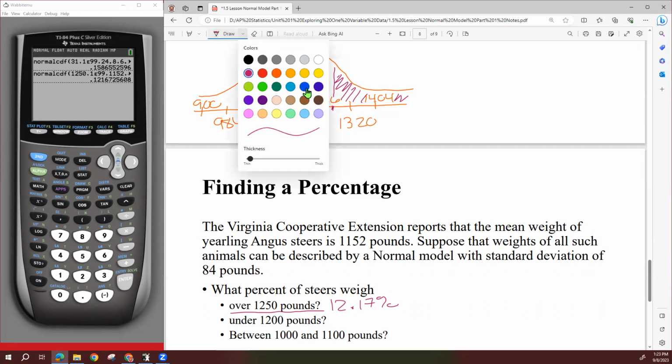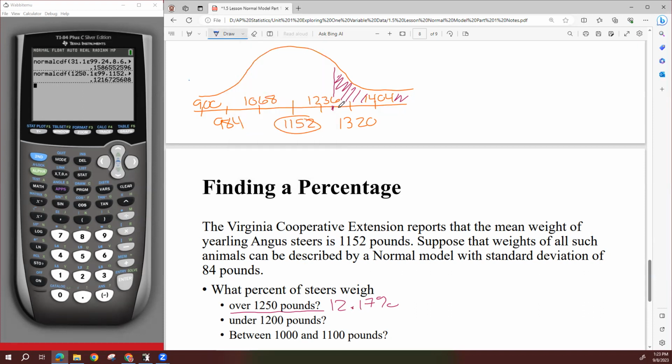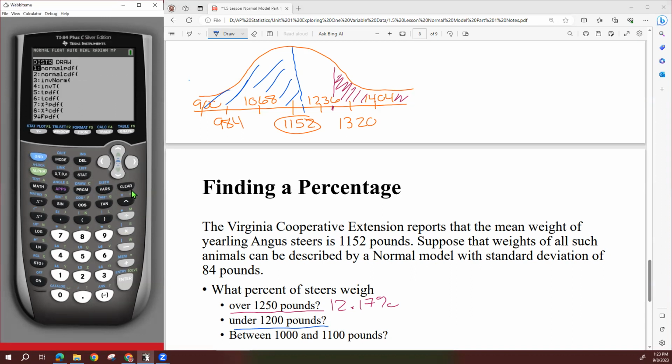We can do the same thing for under 1,200. So 1,200 will be somewhere in here. Again, not exactly. This is just a sketch to give us a visual. And so we can do second vars. Again, the second option. You might want to write this down so you remember. This time, our left side is the one that goes to infinity. And so we're going to say this is negative 1 e to the 99.